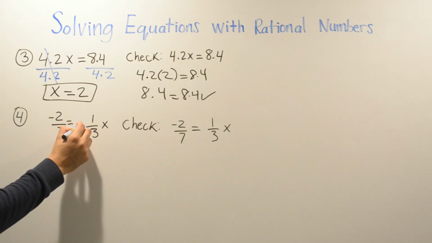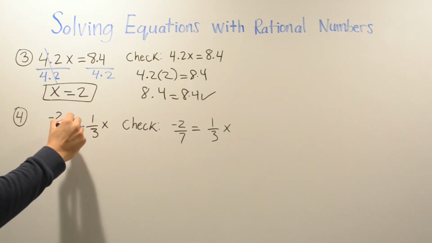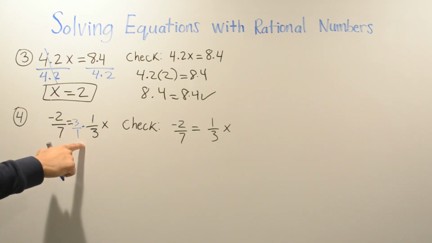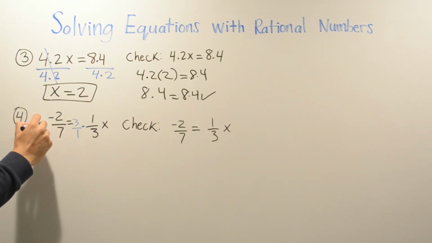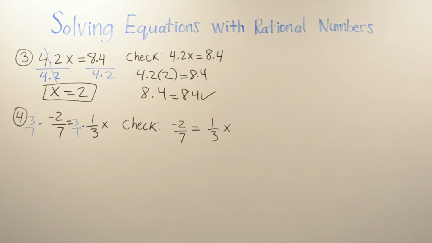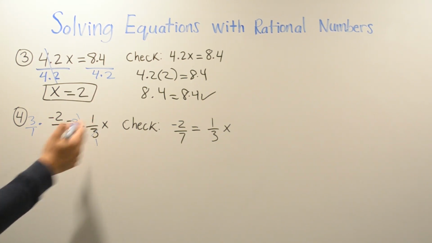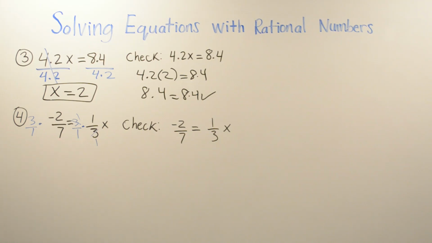So this is 3 over 1. Whatever we do on one side of the equal sign, don't forget we have to do it on the other side. And then this will be 1 and 1. So we have x by itself.